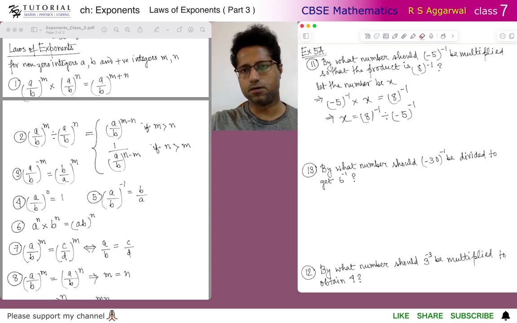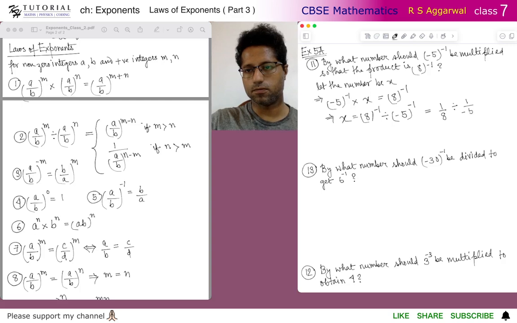This is a relatively simple problem because power of minus 1 is nothing but reciprocal. So this will be 8 to the power minus 1 means reciprocal of 8, which is 1 by 8, divided by minus 5 raised to the power minus 1 means the reciprocal of minus 5, that is 1 by minus 5.